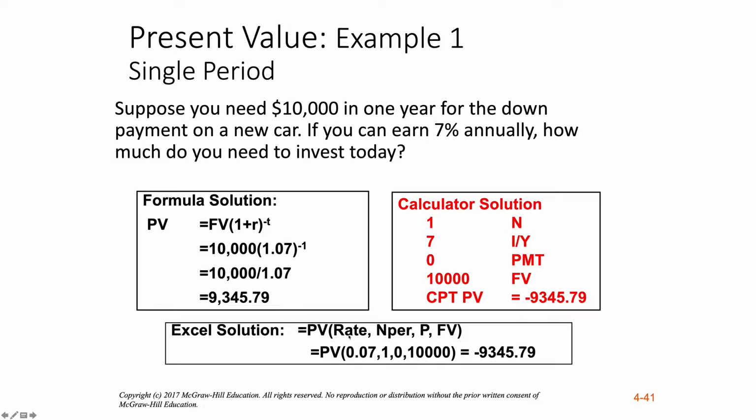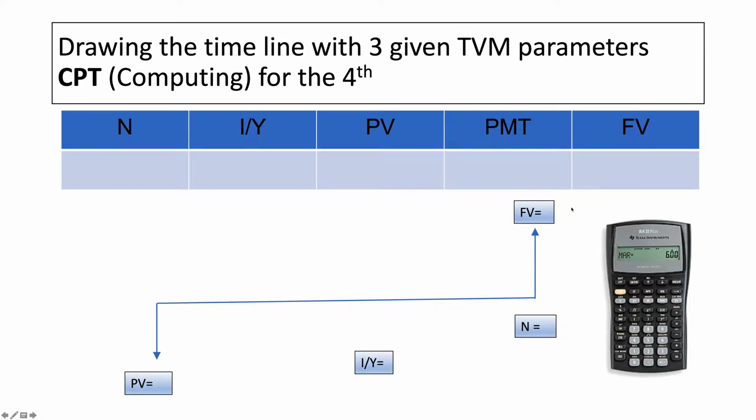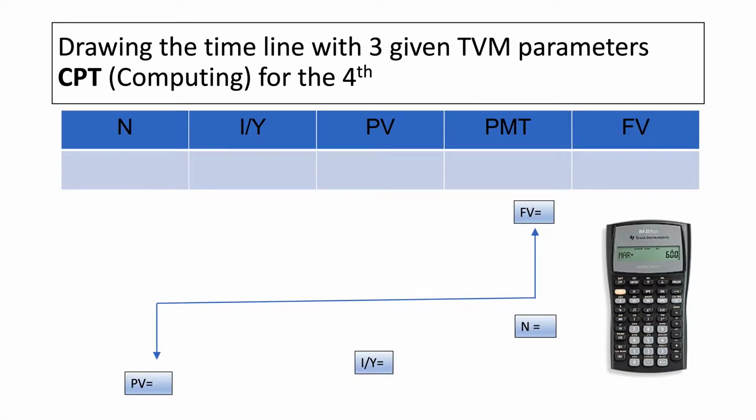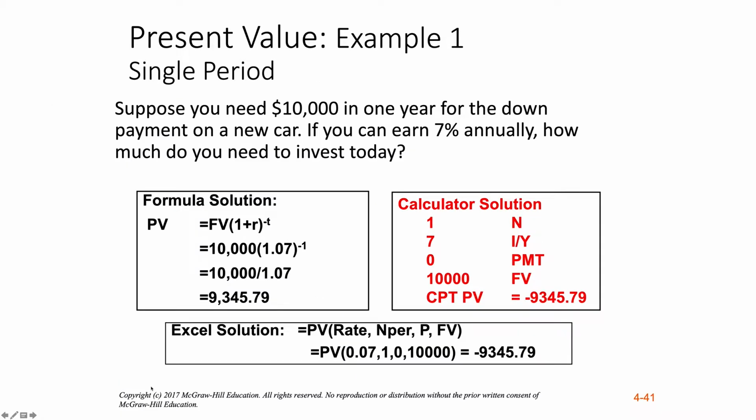So it's $10,000 future value, 1 year, interest rate is 7. You're solving for present value. The present value is 9345.79, with a negative sign on it. It shows you how much you need to put in the bank to let it grow at 7% to be $10,000.